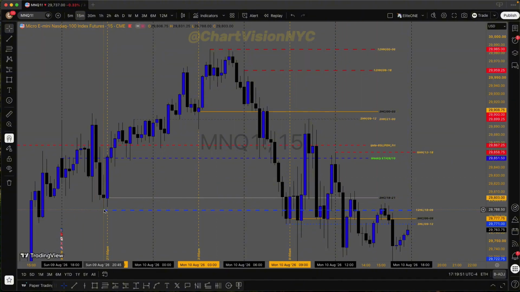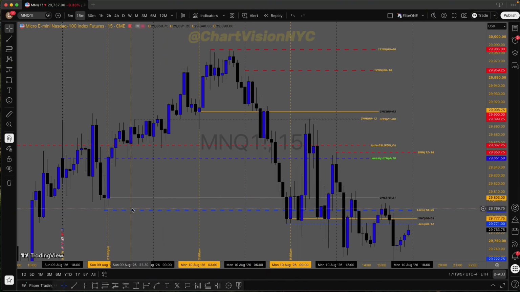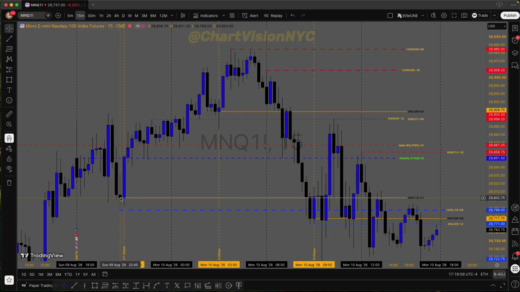It's a 3-hour low, a 6-hour low, a 12-hour low. If we know that this is a 3-hour period, here's the last 15-minute candle, the close of that candle, 29,803. That is the settlement price for the first 3-hour candle of the day, 29,803.